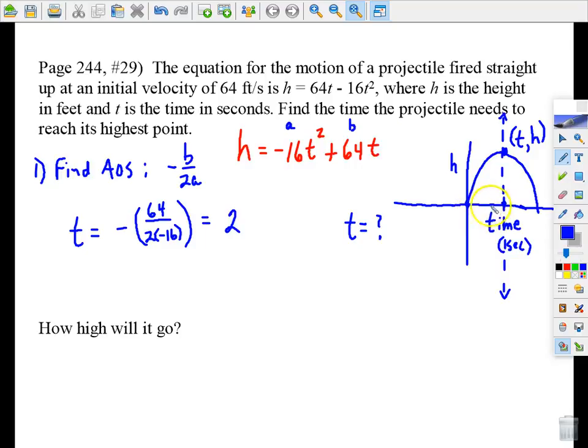Okay, so what we've discovered is at 2 seconds, remember seconds go along the x-axis, our projectile is going to be at its highest point. So the answer to find the time the projectile needs to reach its highest point is 2 seconds.